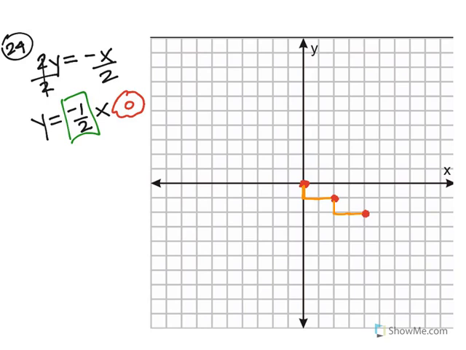If you wanted to do points on the left side, you would go up 1, but you would have to go to the left 2. But all I'm looking for is 3 points, including that y-intercept. And once you have your 3 points, you just connect and draw a line.